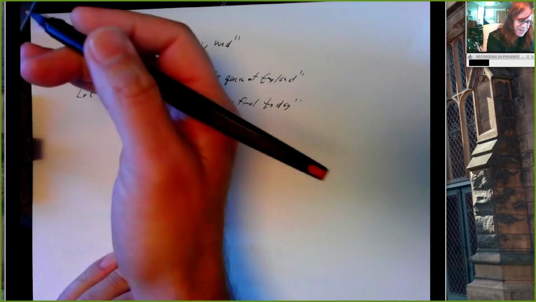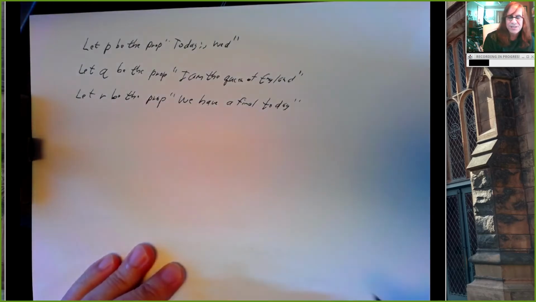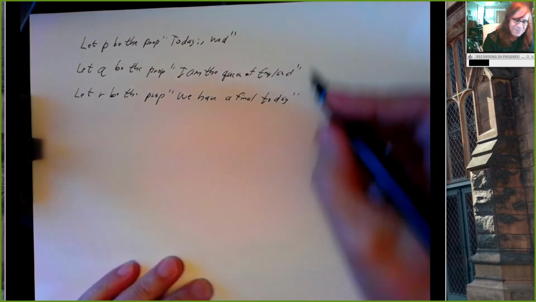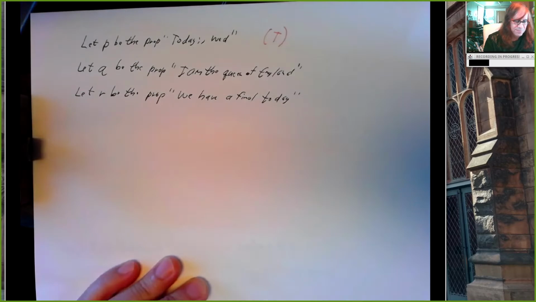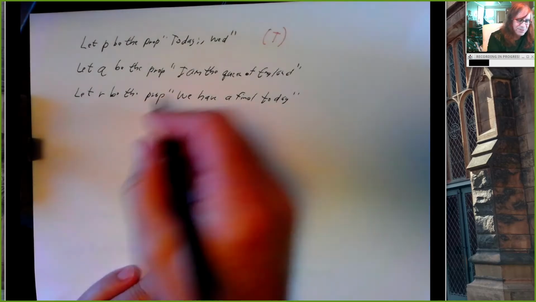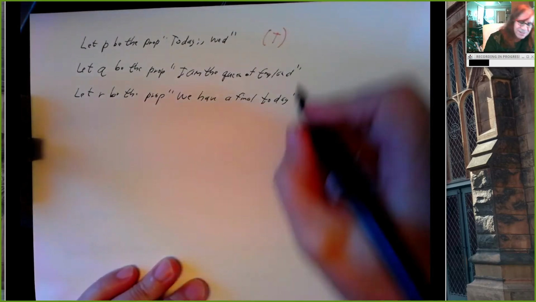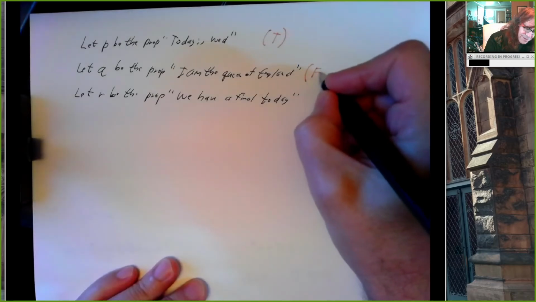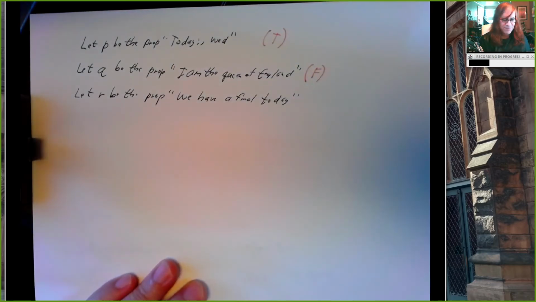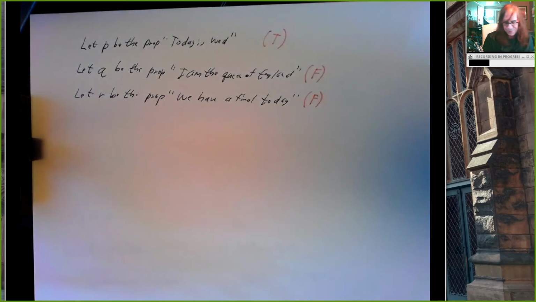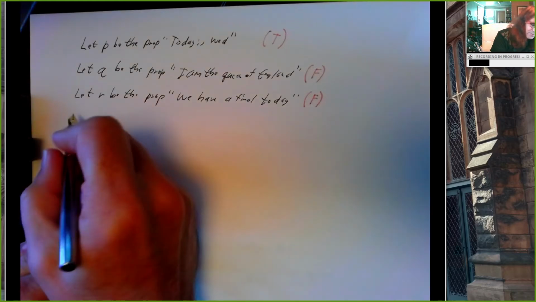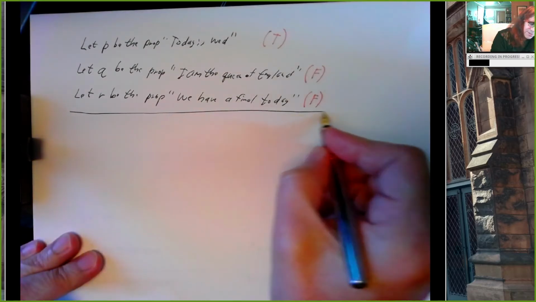So the truth value of this proposition P is true. I'm just going to use T to represent true. The proposition that I am the Queen of England, that's false. I was deposed. And the proposition that we have a final exam today, that is also false. Alright, so 3 propositions with truth values. So we can create new propositions.